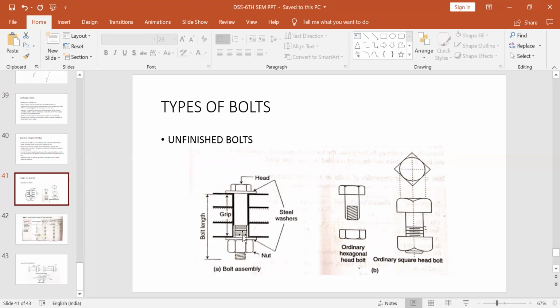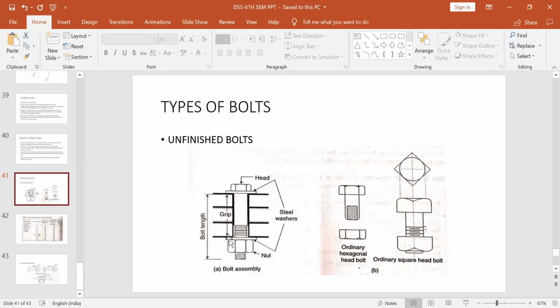Now, the nut is tightened by wrenches. If you rotate the nut, it will be tightened. For a strong grip you cannot leave the nut loose. You have to tighten it up to the required extent. When you tighten it, this portion is clamped.